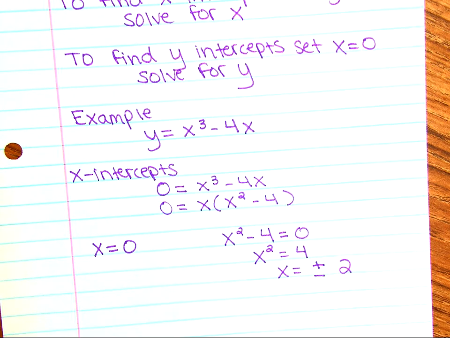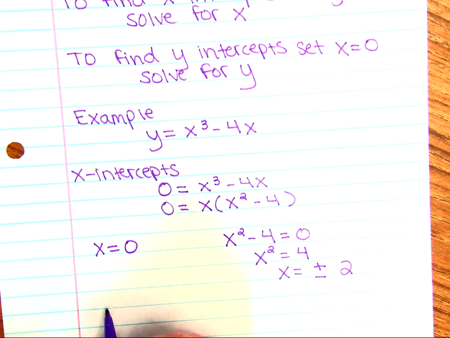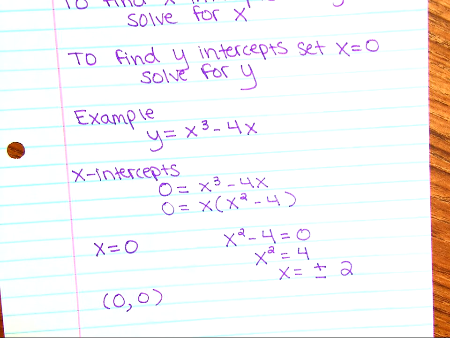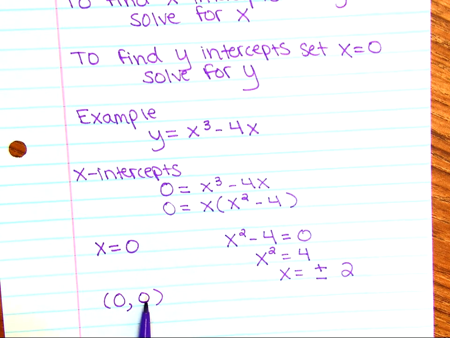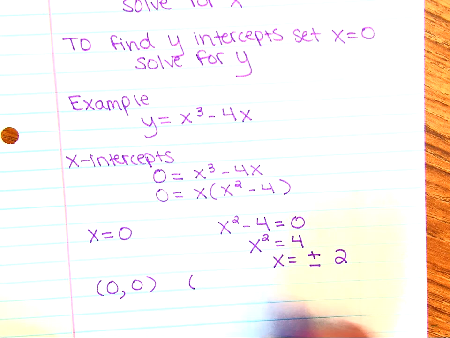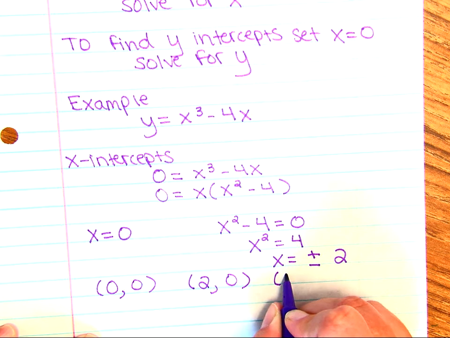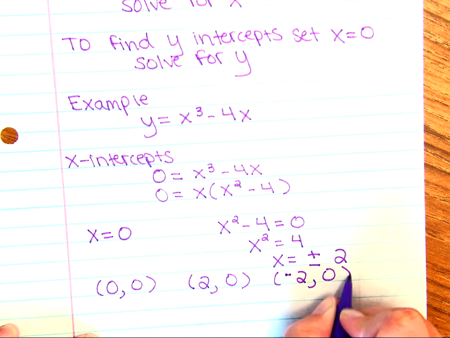Don't forget both. So all of our x-intercepts are points, so they should be (0, 0), remember, because x was equal to 0 and we set y equal to 0. Then we should have (2, 0) and (-2, 0).